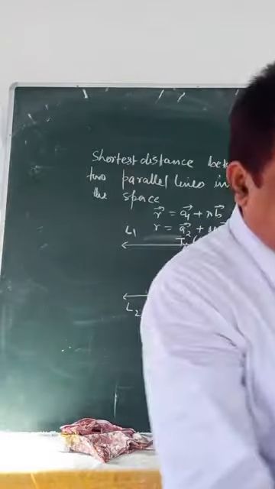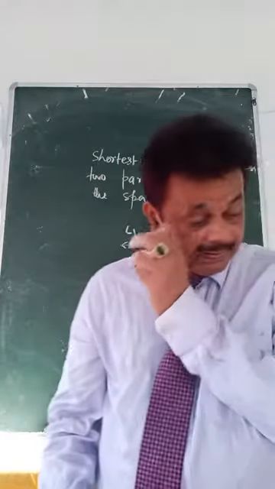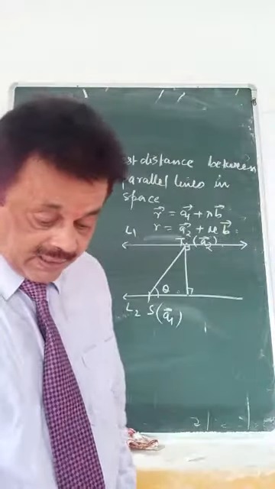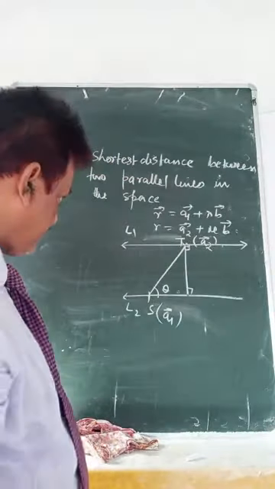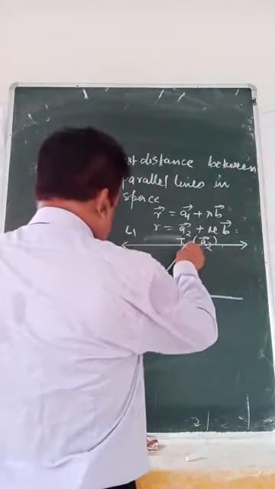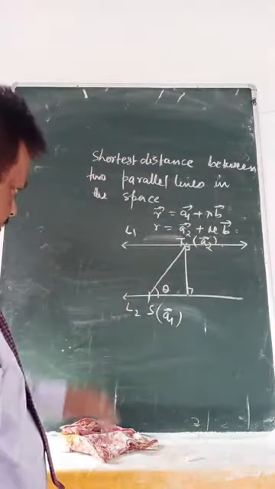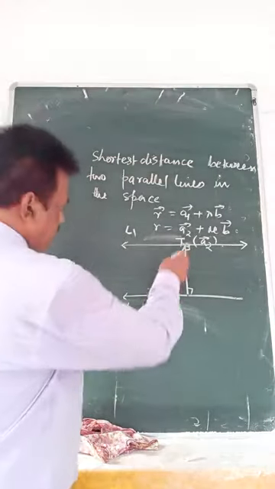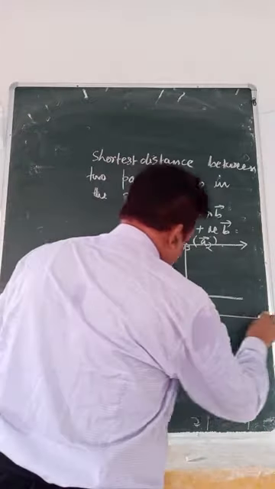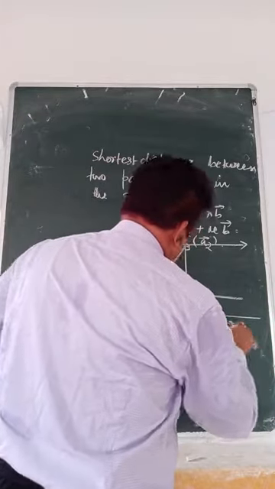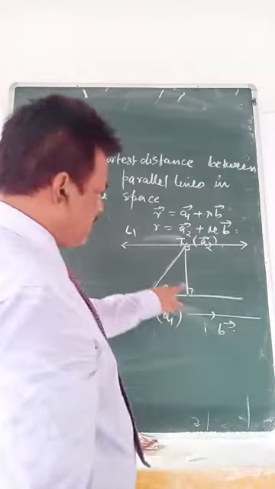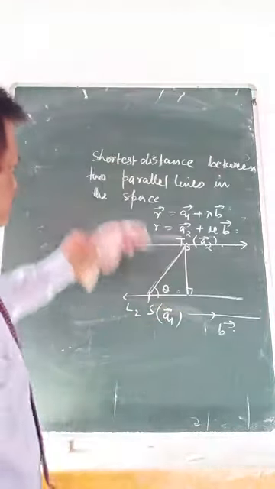So what will you find? What is B cross ST? This is one vector, and there is another vector B here. What is the cross product of these two vectors? You can find out.